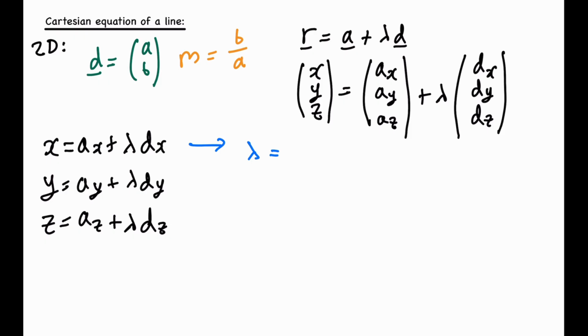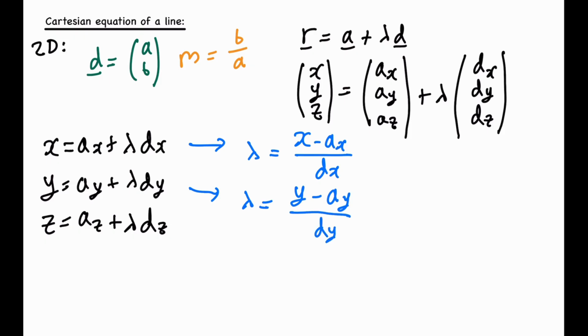And now if we rearrange these equations to make lambda the subject, we'll get lambda is equal to (x minus ax) over dx, lambda is equal to (y minus ay) over dy, and lambda is equal to (z minus az) over dz.